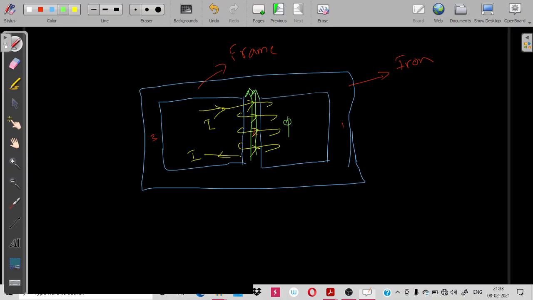The magnetomotive force here will have a magnitude of F equal to N into I, ampere turns.